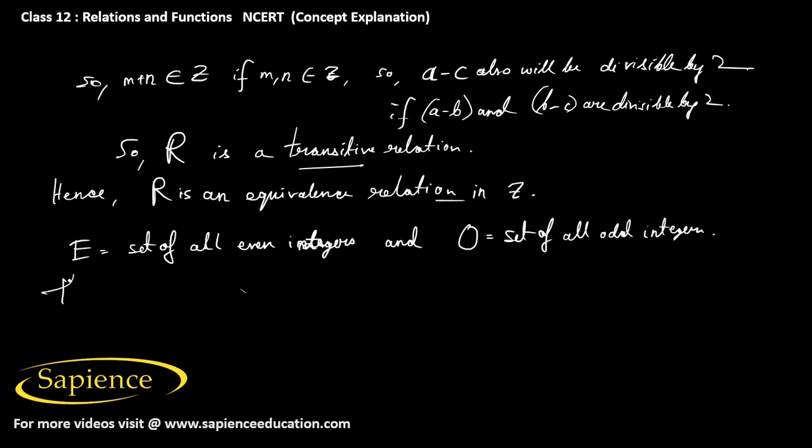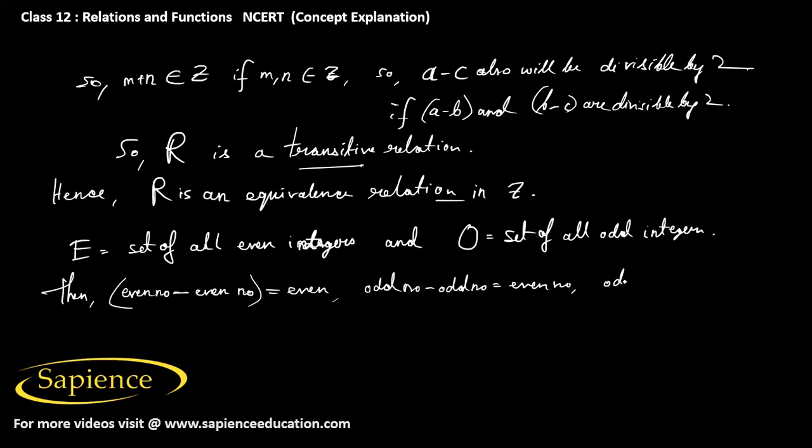Then we know that an even number minus any even number will be an even number, and an odd number minus an odd number will also be an even number, and an odd number minus an even number, or an even number minus an odd number, will be an odd number. So we can't get even. It means that we have to get an even number, since it should be divisible by 2.